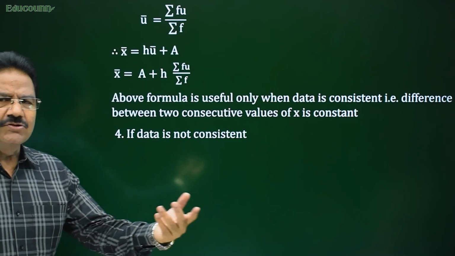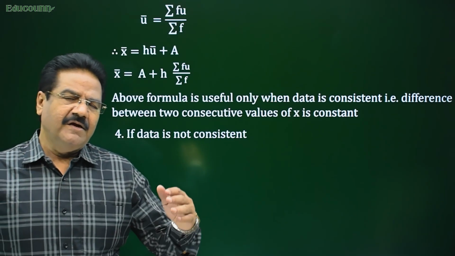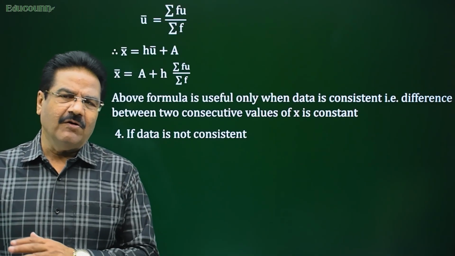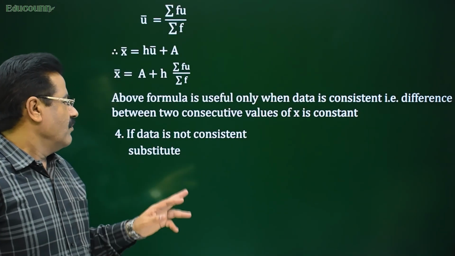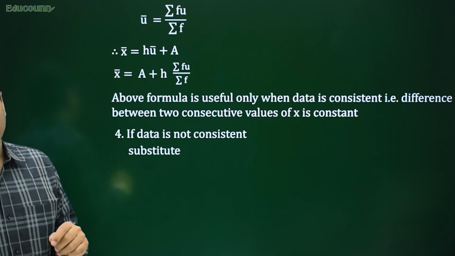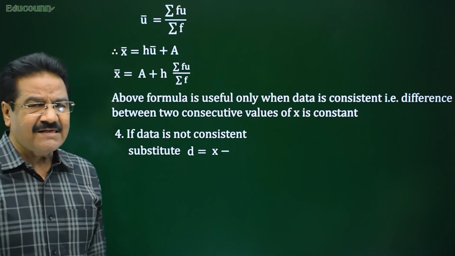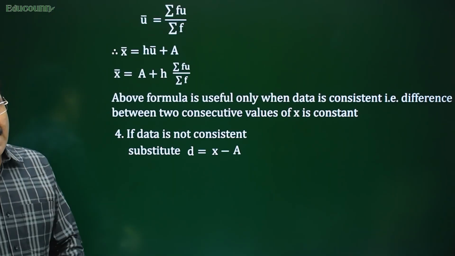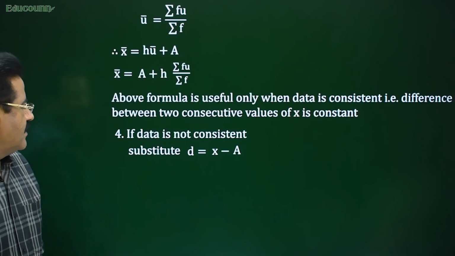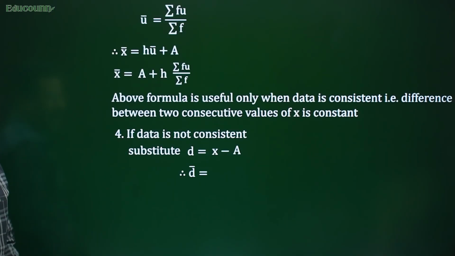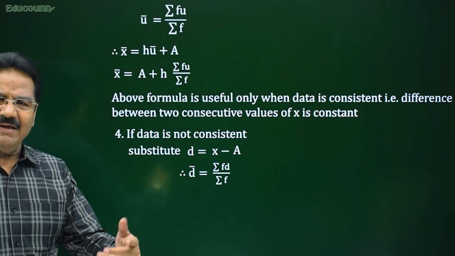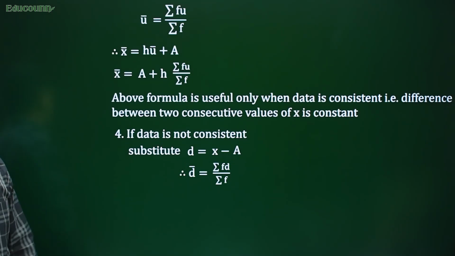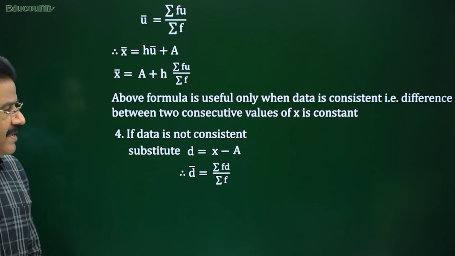Now if data is not consistent, means difference between two consecutive values of x is not same, then in that case we can do the substitution d is equal to x minus a. Here there is no h. Now we can have d bar is equal to summation of fd upon f, same concept, and we have to convert d bar into x bar.